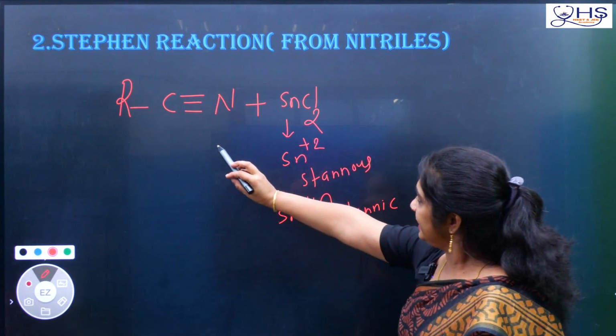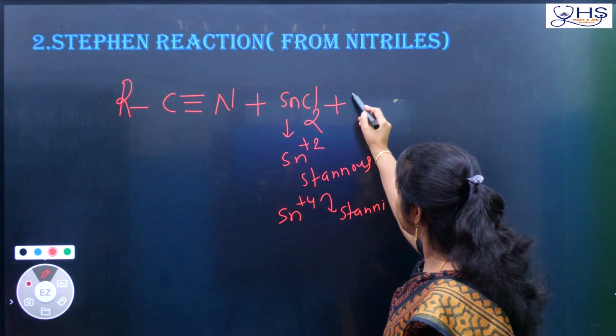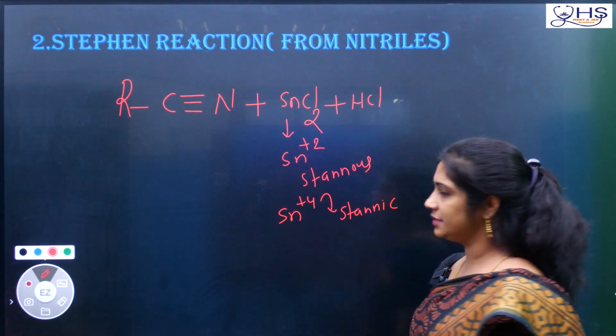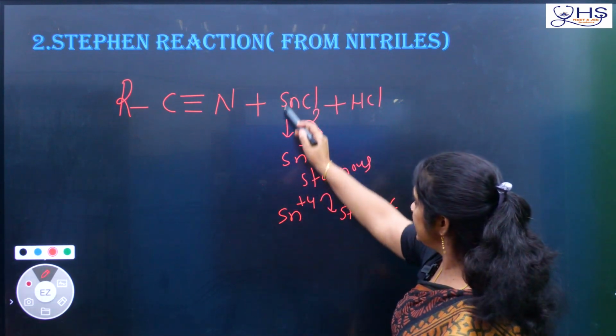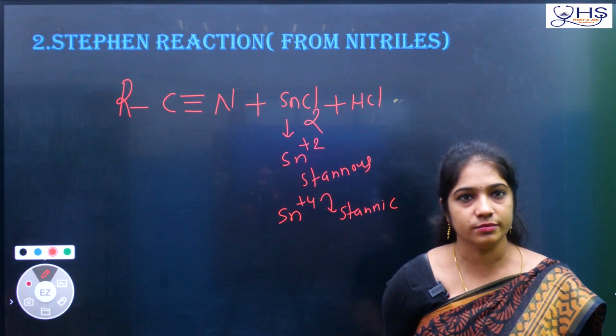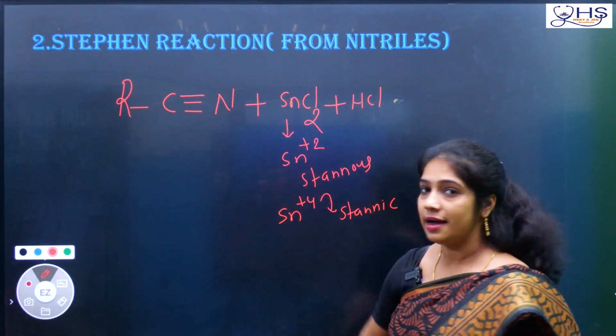So nitrile when react with stannous chloride and HCl. See, the function of this reagent is to provide hydrogen. Reduction means they will be providing hydrogen.